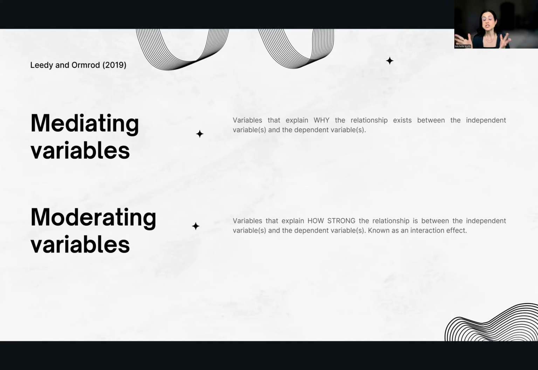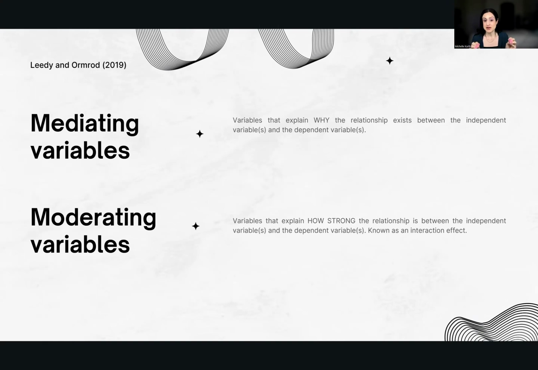It just depends on what variables you're trying to test. A mediating variable is a variable that explains why the relationship exists between this variable and this variable, okay? In the case of the burnout, let me get to moderating and then I'll tell you the example.